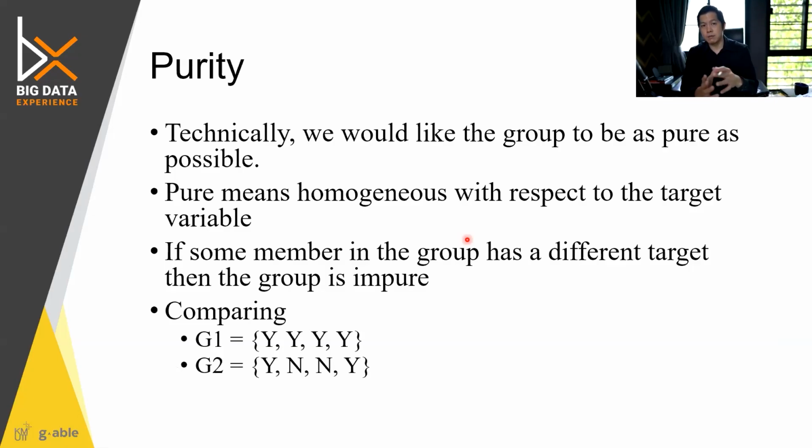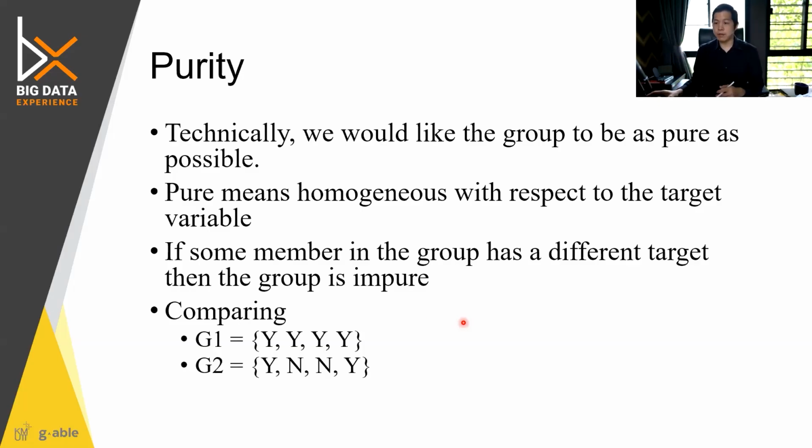You want to segment the groups so that they have one label and less mixture of labels in the group. If the members have different targets in the group, that means it would be a mixture, and then you would not be comfortable to assign a label to the group.